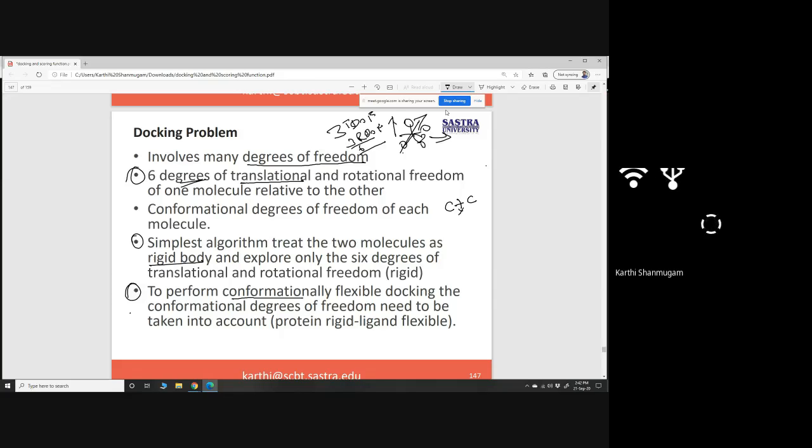So that is what is called conformational degrees of freedom. Once you incorporate it, you are allowing the molecule to undergo conformational change during the docking simulation.